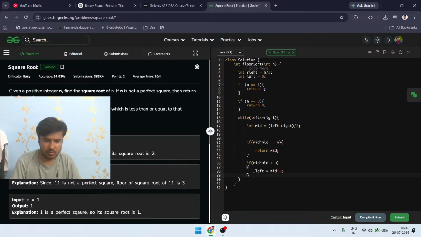Simple binary search approach. Let's see if it works. It doesn't. Errors.